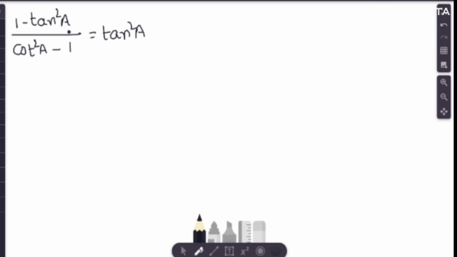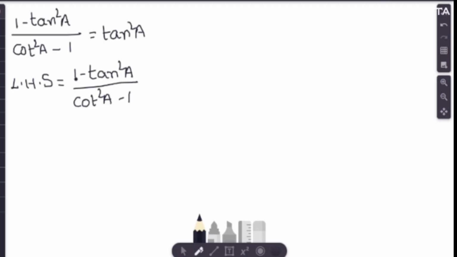By simplifying this, we have to get the right hand side, tan square A. So left hand side LHS is equal to 1 minus tan square A by cot square A minus 1.